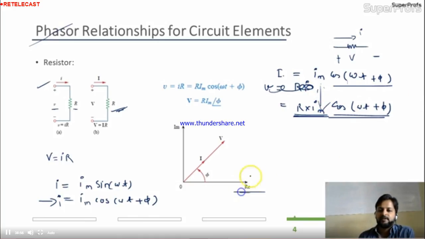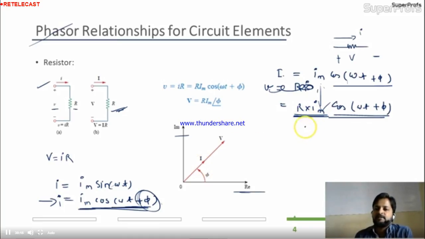So if this is the real axis and this is the imaginary axis, and I have taken the current as Im cos omega t plus phi, it makes angle phi from the horizontal axis. Magnitude is Im. Okay, I draw it, and the voltage is V equal to R Im cos omega t plus phi.